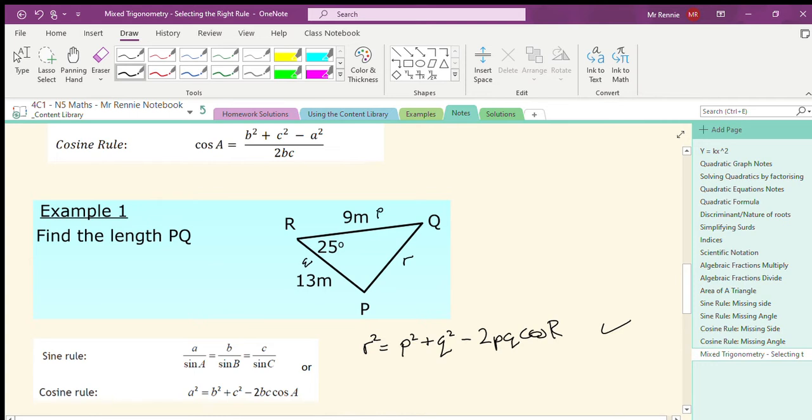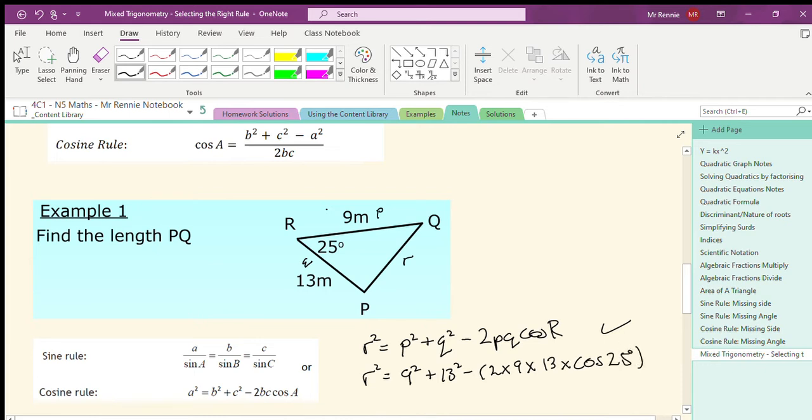So I've checked that this formula will work. And if you are still unsure if this one will work, let's put the numbers in now. So r squared equals p squared, that's 9 squared, plus q squared, that's 13 squared. Take away, mind your brackets when you do these questions, 2 times p, which is 9, times q, which is 13, multiplied by cos of the angle at r, 25 degrees.